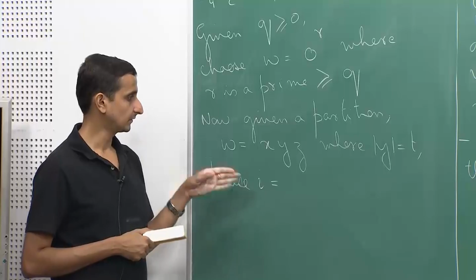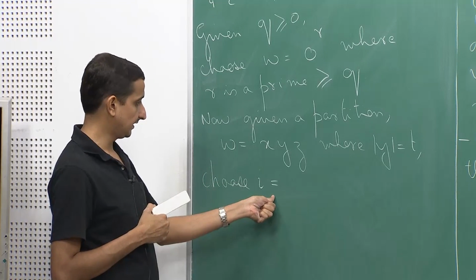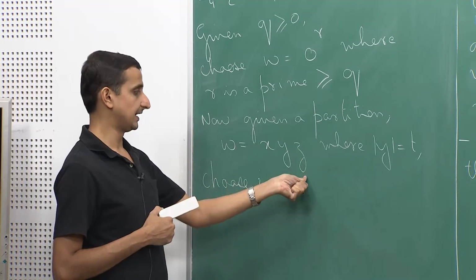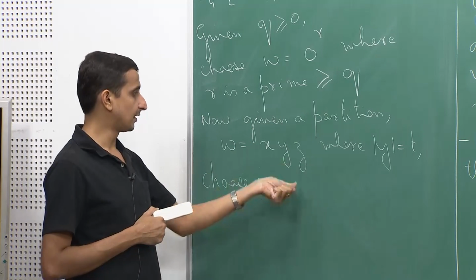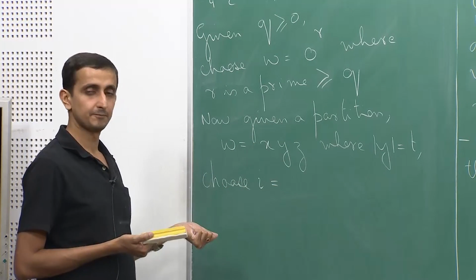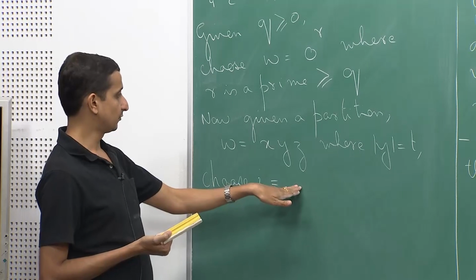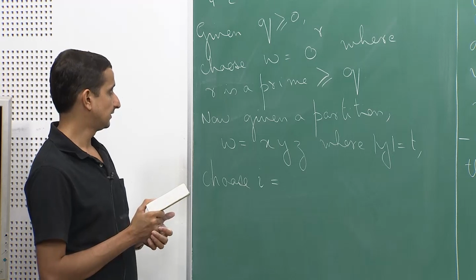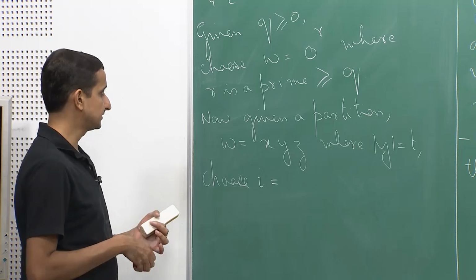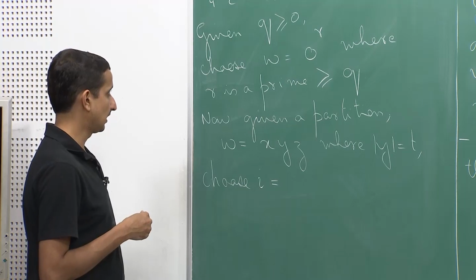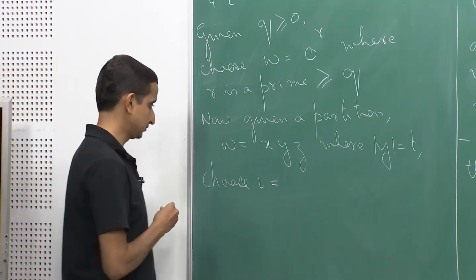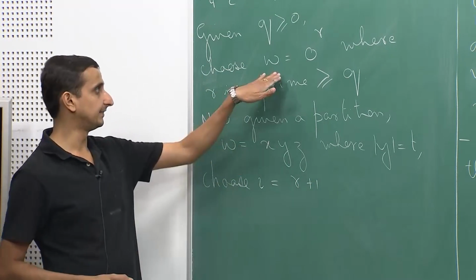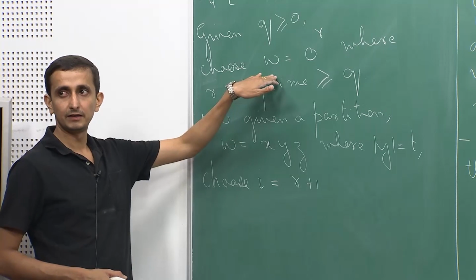We want to choose I in such a manner that the length of x y to the power I z will not be a prime. So, let us take I as r plus 1, where r was the length of w, the initial length of the string.